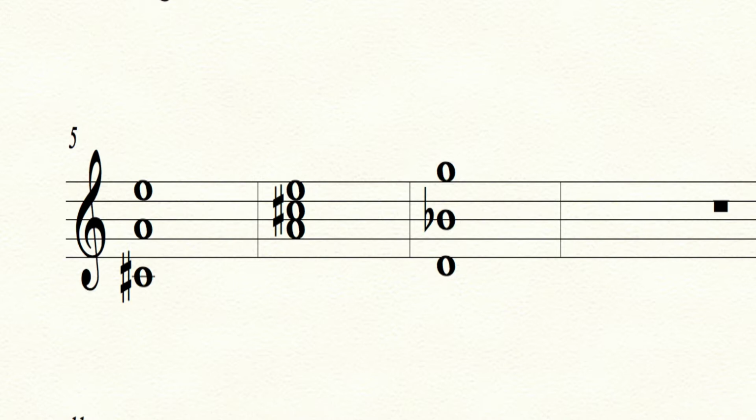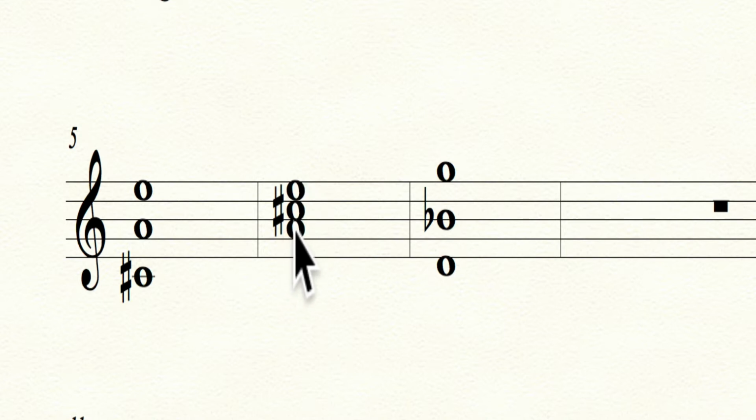The only difference is that one of them is stacked on three consecutive spaces, and this one is spread out. Once the chord is stacked on consecutive lines or consecutive spaces, then it is okay to assume that the bottom note is the root, the middle note is the third, and the top note is the fifth.